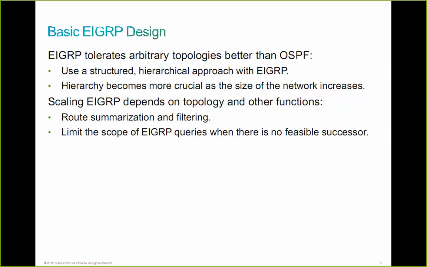Even though the implementation might be slightly different, and I'll point out what those differences are as we go through the lesson, the overall concepts are identical. All right? Yes, we will definitely be talking about named EIGRP and using address families and whatnot.